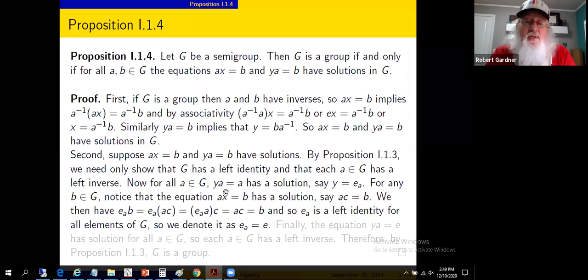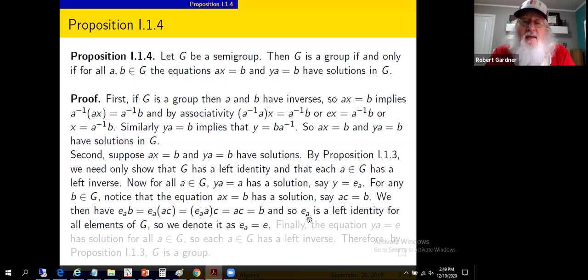That was a solution to this equation. That's A itself. Remember, E sub A was a left identity for element A. So this produces A, and we get A times C, but we said A times C equals B. So we're getting E sub A times B equals B.